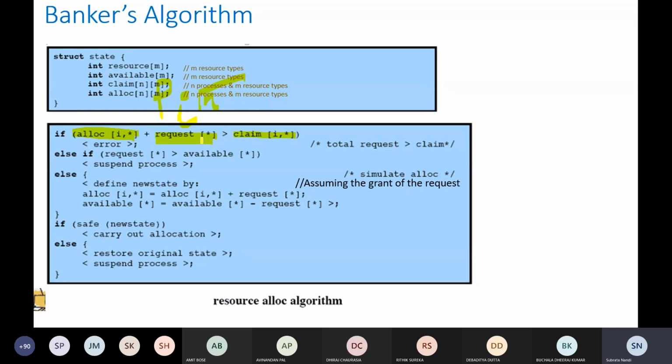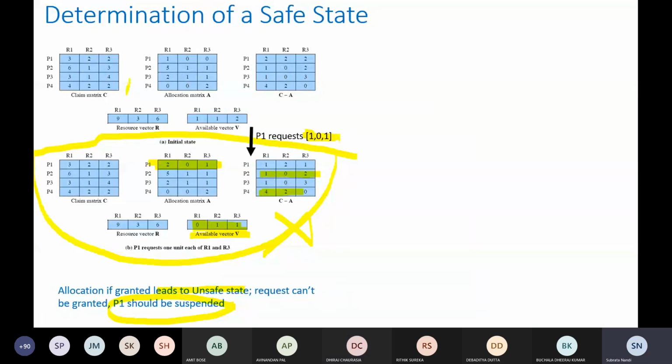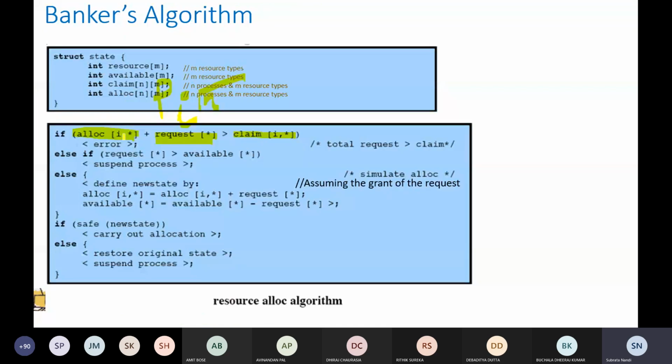Is it a valid request made by P1? No, sir. Because your claim says that you can never exceed your claim. Beforehand you know the maximum claim at some point of time, but now you are violating that. So if that happens, it's an error message.